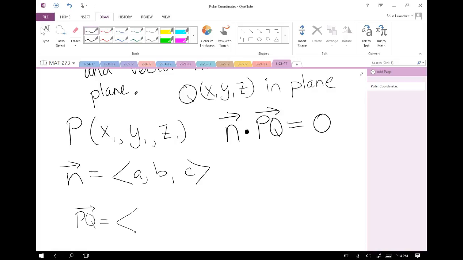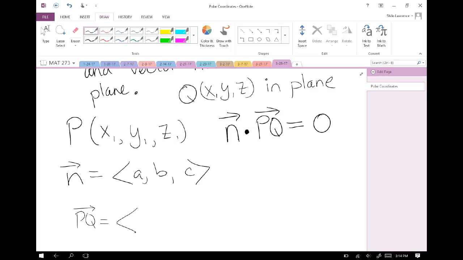So what would the component form for PQ be? How do we find component form if we know the beginning point and the ending point? We do ending minus beginning.